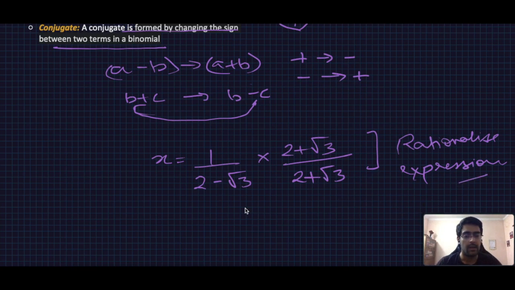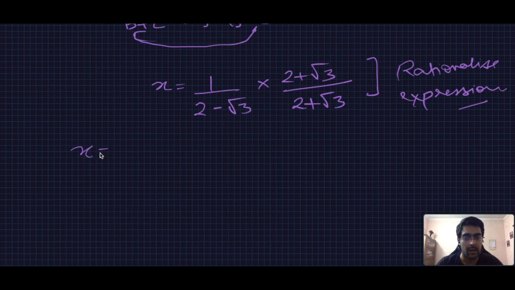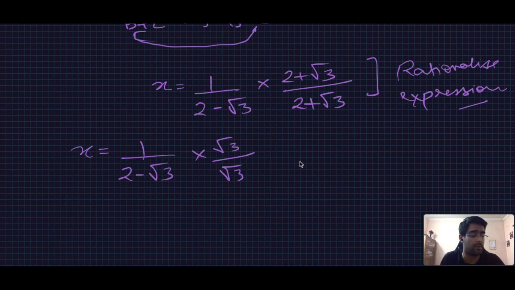All right. Now, why can't we multiply this 1 by 2 minus root 3 with root 3 by root 3 to rationalize it? In the first example, we did the same thing with 1 by root 3. We multiplied it by root 3 by root 3 and rationalized the denominator, right? But why won't it work here?